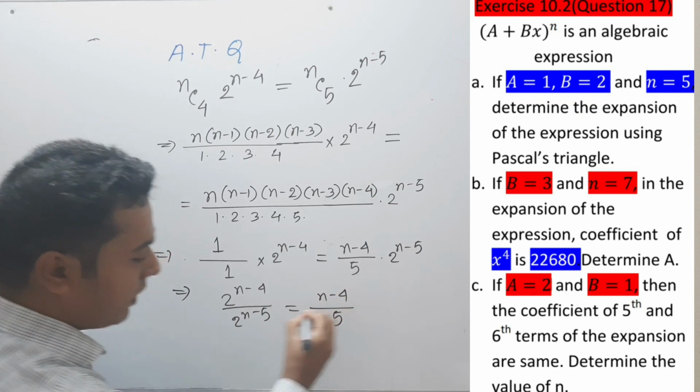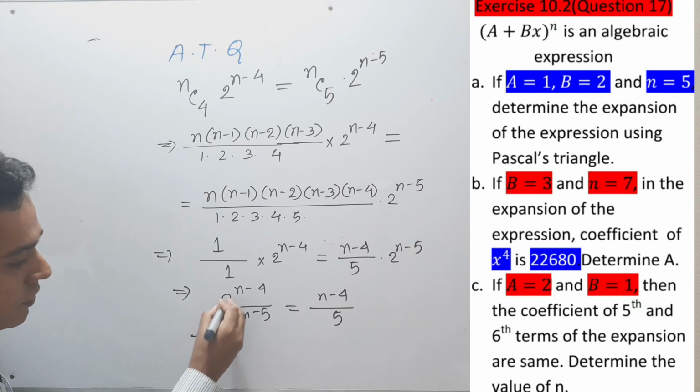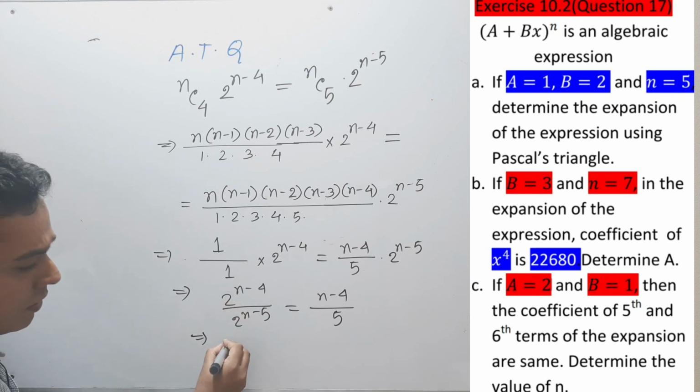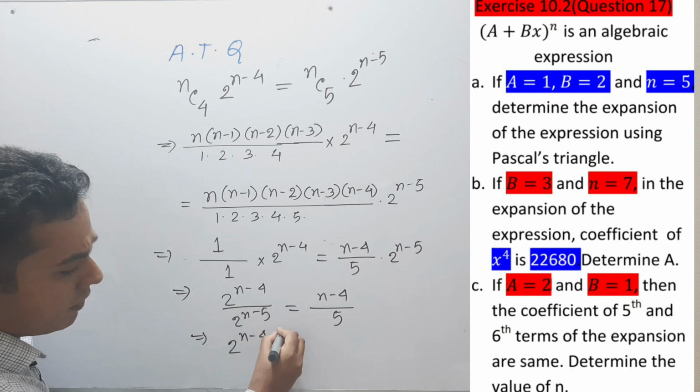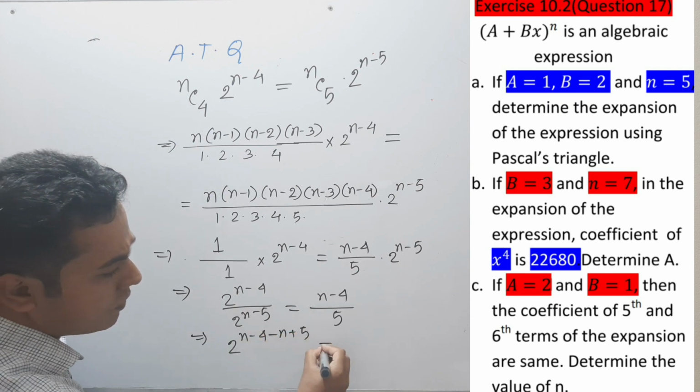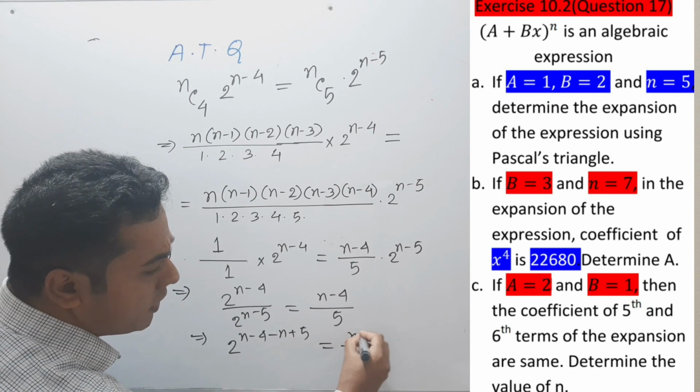Since the bases are equal, 2 to the power n minus 4 minus n plus 5 is equal to n minus 4 divided by 5.